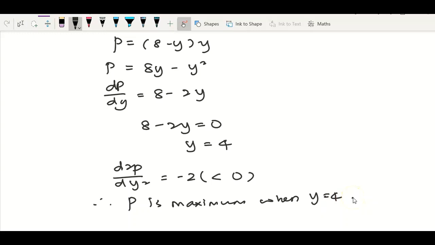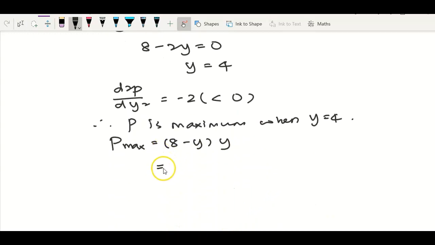Then I'm going to get the maximum value of P. P max equals 8 minus y multiplied by y. Now I'm going to substitute the 4 inside. 8 minus 4 multiplied by 4. That will be 4 multiplied by 4, that will be 16. Meaning that the maximum value of P is 16.